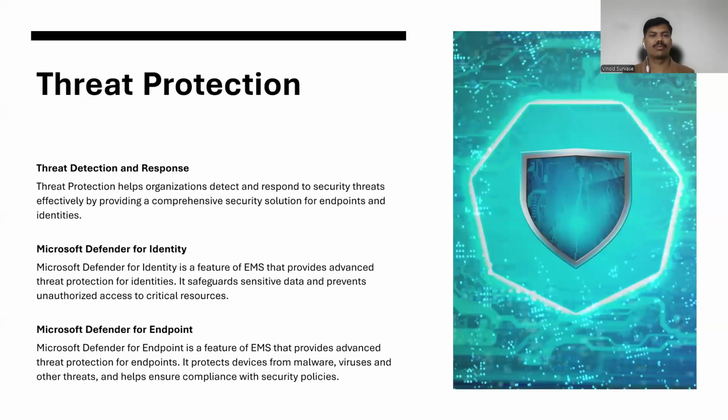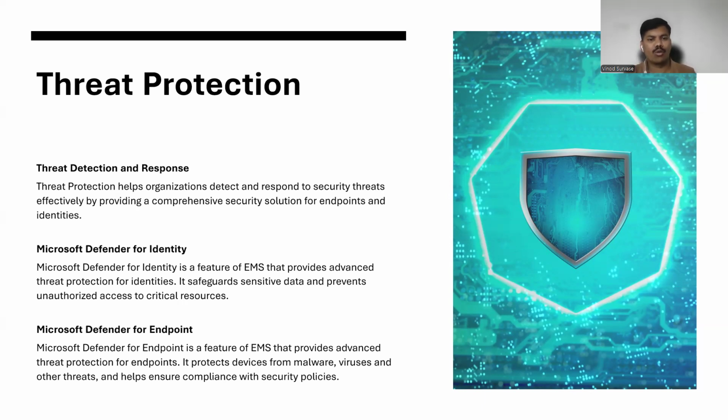So next is threat protection. Threat protection is something where we have capabilities on different plans that we can see here: threat protection and response, Microsoft Defender for Identity, Defender for Endpoint, right? Threat protection is going to help organizations to detect and respond to security threats.